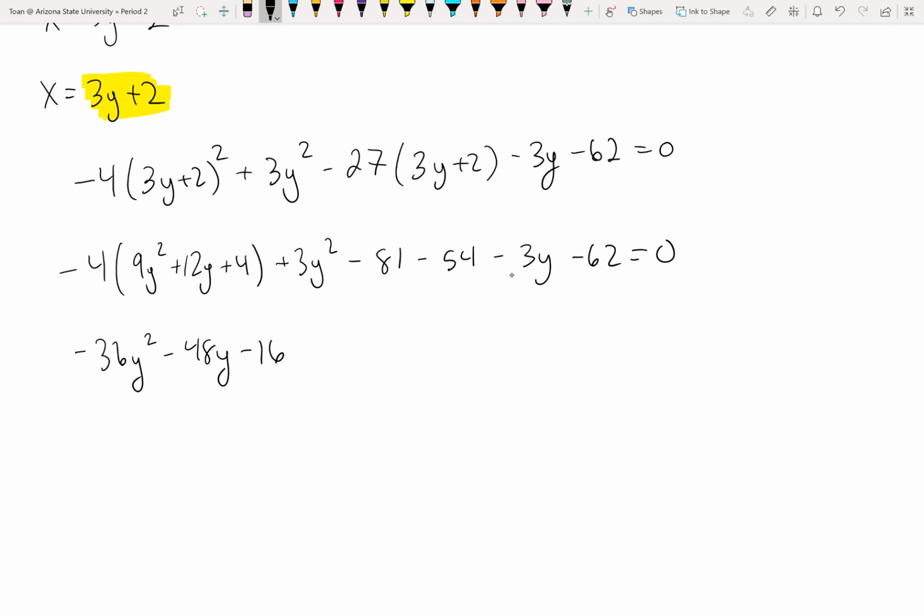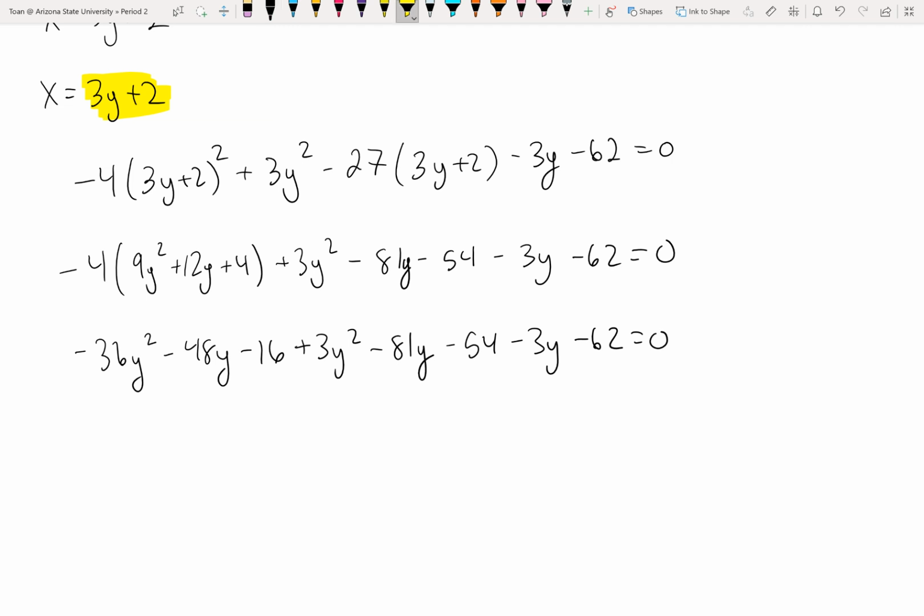I'm not going to do anything else to the other part of the equation, so I will drop it down. Question? Oh, thank you very much. I forgot the y there. The other part of the equation I'm not going to touch. I'm just going to copy down. Plus 3y squared minus 81y minus 54 minus 3y minus 62 equals 0.